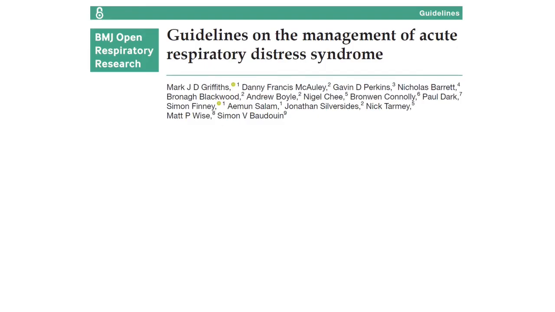We will depend upon the guidelines on the management of acute respiratory distress syndrome that were published in 2019, and these guidelines mainly considered review articles and meta-analyses. In all their decisions, they had a meta-analysis of different studies.